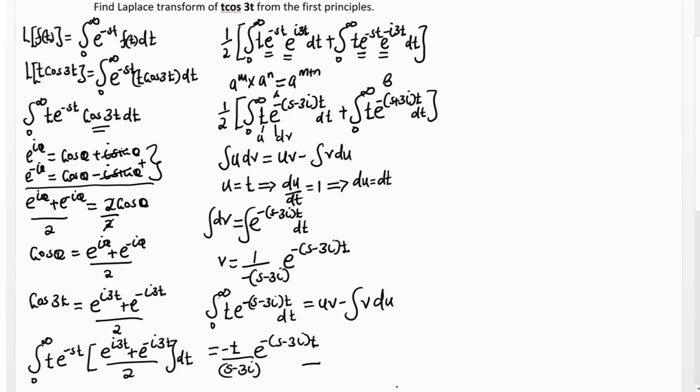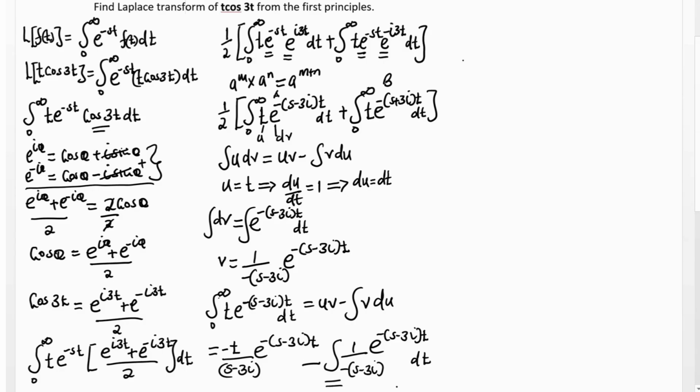That's the first part, uv, minus integrating our v, which is 1 all over minus into s minus 3i, e raised to minus s minus 3i into t dt. So we're going to integrate the second part of our equation, that is the integral sign.